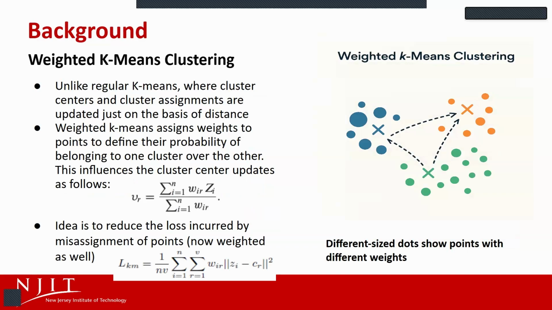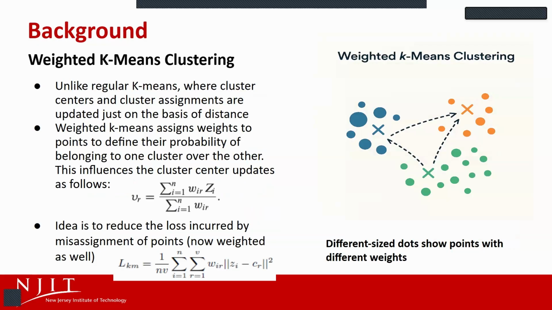Now let's look at weighted k-means clustering, the exact clustering that I utilized in my model to learn cluster-friendly latent spaces. Unlike regular k-means, where cluster centers and cluster assignments are updated just on the basis of distance, weighted k-means assigns weights to points to define the probability of belonging to one cluster over the other.